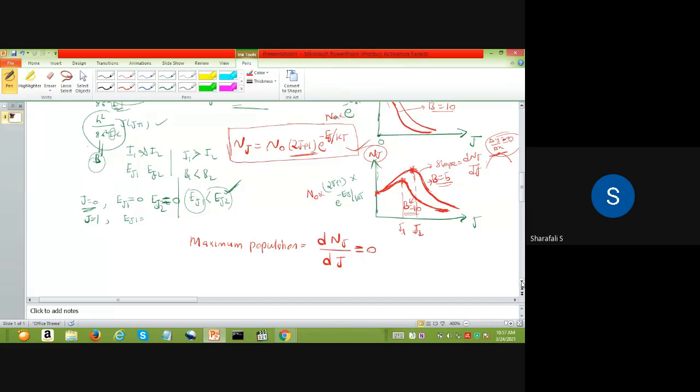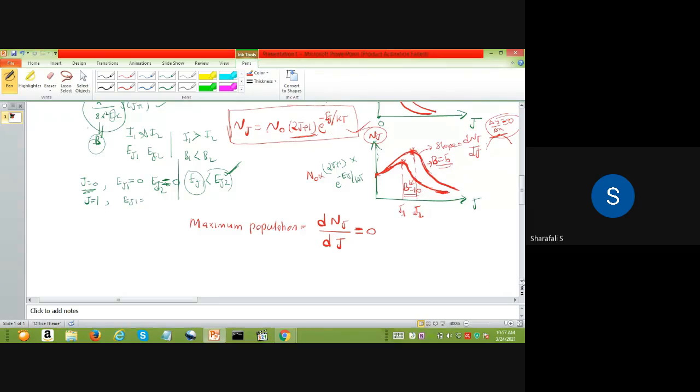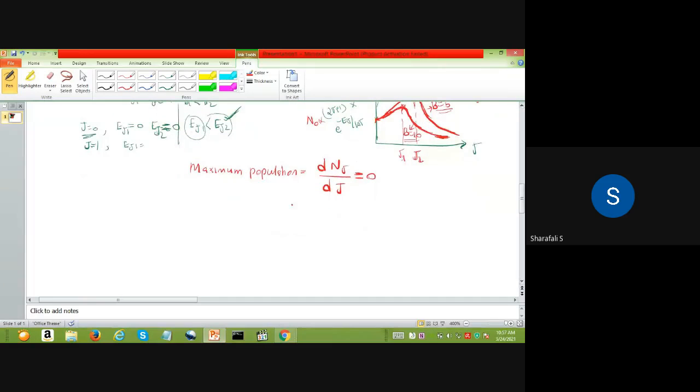So we have to find out the J value at which dnJ by dJ equals 0. So you take the differentiation, that is d by dJ of n0 (2J plus 1) e raised to minus EJ by kT, and this should be equal to 0.